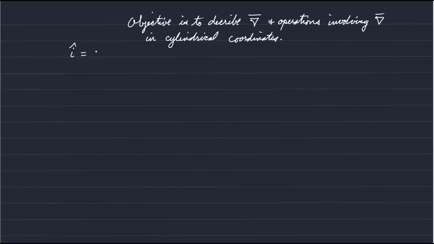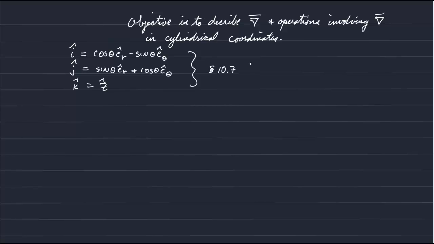So i hat is equal to cosine theta e hat sub r minus sine theta e hat sub theta. j hat is equal to sine theta e hat sub r plus cosine theta e hat sub theta, and k hat is equal to z hat. And again, you should refer to section 10.7 for change of basis.